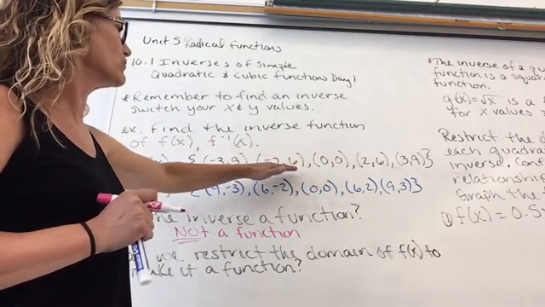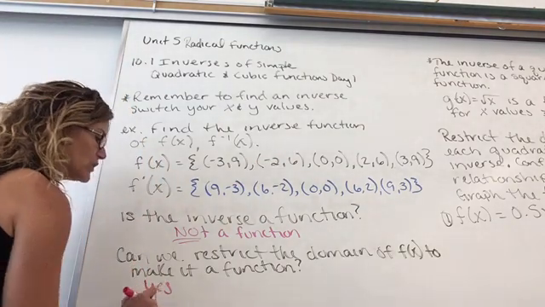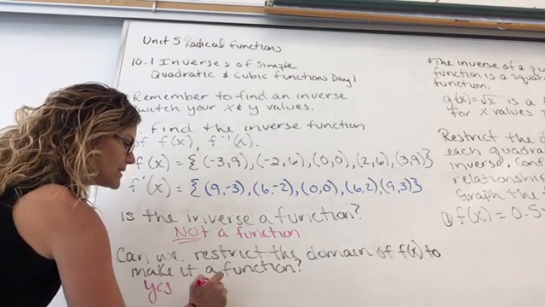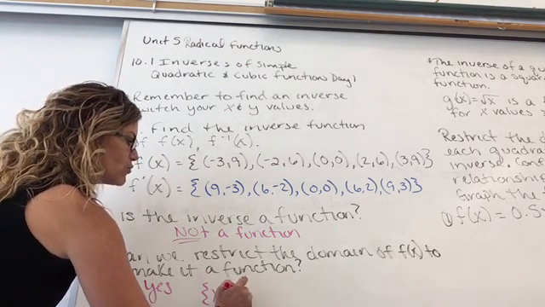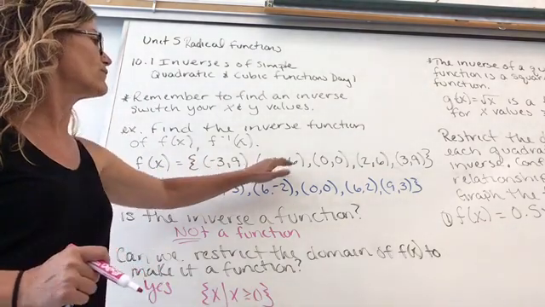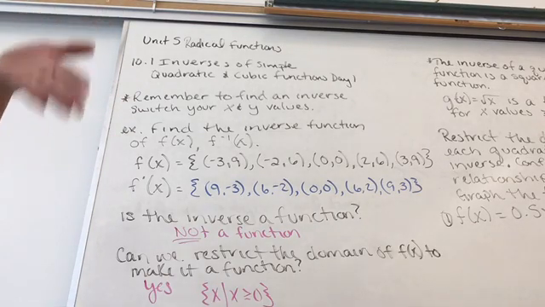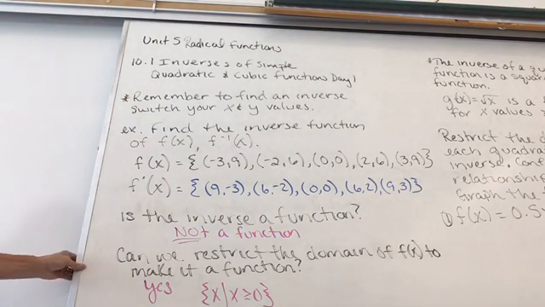So yes, we can, and the restriction would be x greater than or equal to 0. As long as our x values on the original function are above 0, we wouldn't get a repeat on the inverse. So restricting the domain is how we make sure that our inverses are functions. We restrict the domain on the original function to make sure that the inverse is a function.